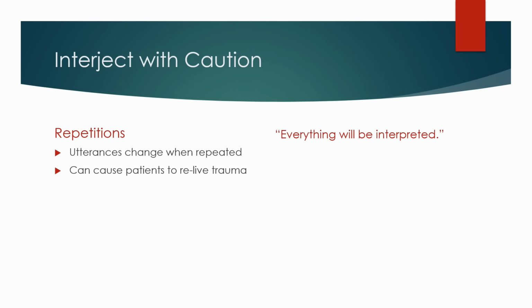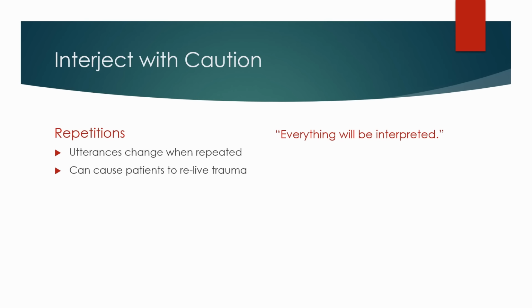And this is just another example of an interjection that can be problematic, not just in mental health interpreting, but also in medical interpreting: reminding all parties that everything will be interpreted. Remember that the relationship between the mental health provider and the patient is very important. Damaging that relationship can inflict harm on the patient.